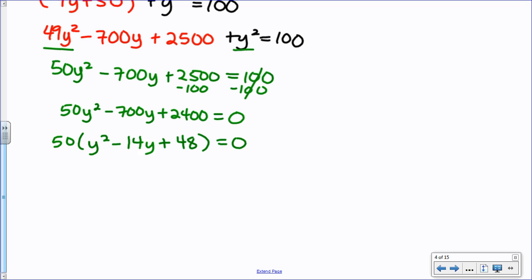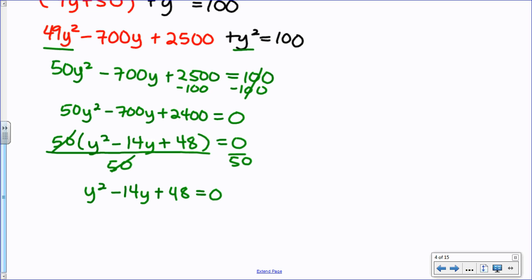So remember, when you're solving and you take out a common factor, it will just cancel out because 0 divided by 50 is still 0. Okay, so if you have a common factor that you factor out, it will cancel out. So I only need to focus on this trinomial.